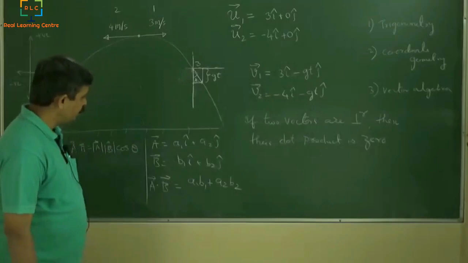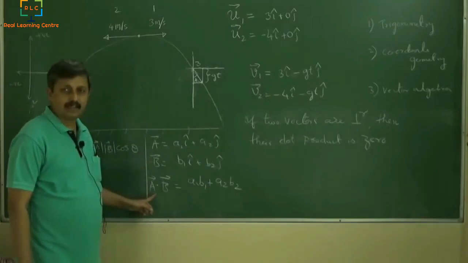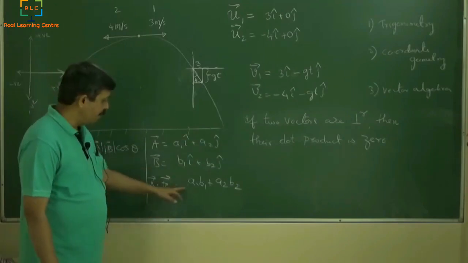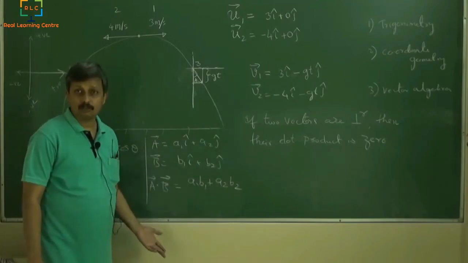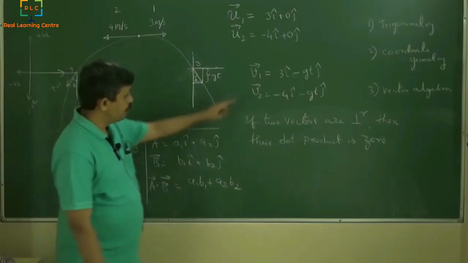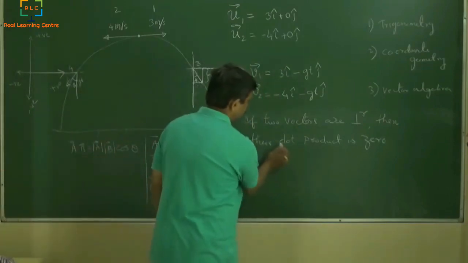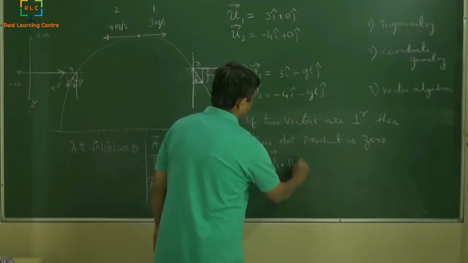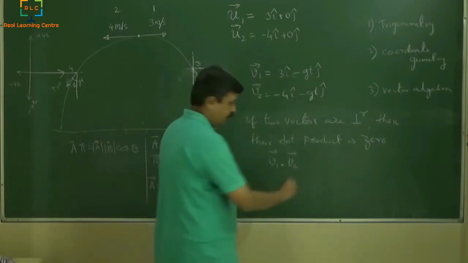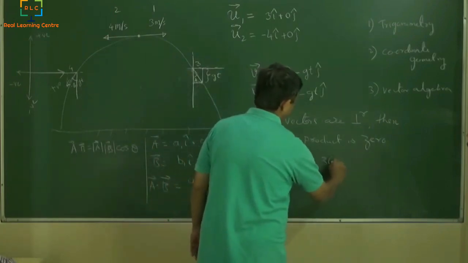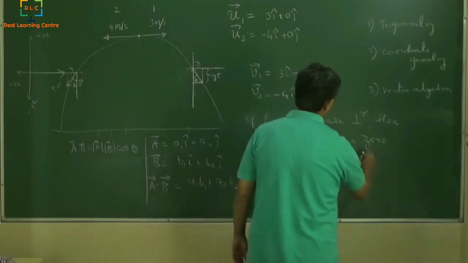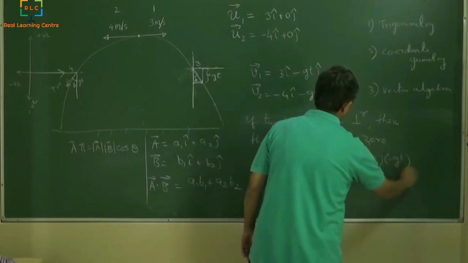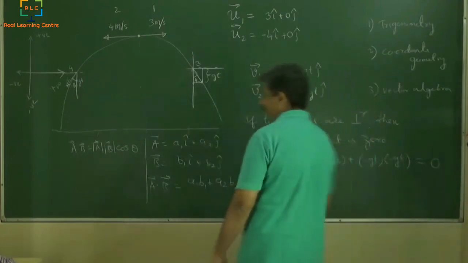So what we need to do here is simply find the dot product and equate it to 0. So A1 B1 plus A2 B2 equal to 0. That's all we have to do. So that means V1 dot V2 is equal to 3 into minus 4 plus minus gT into minus gT is equal to 0.